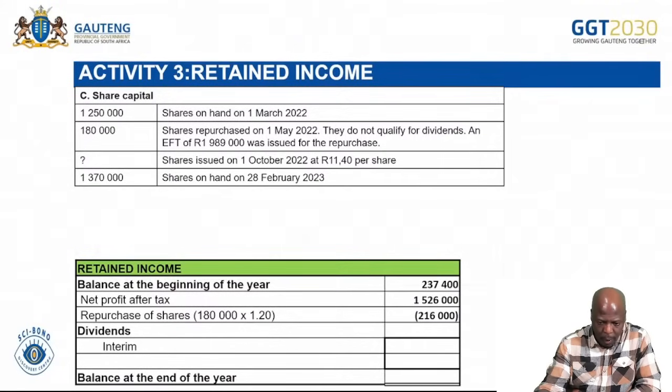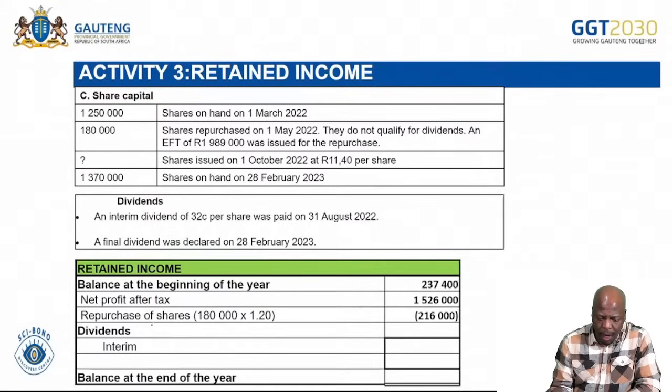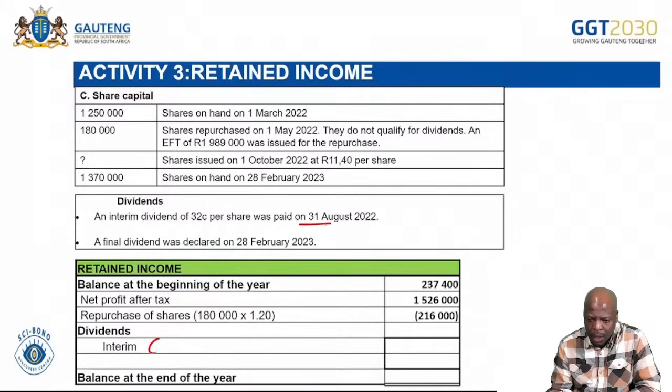Now we're going to calculate our interim dividends. We are told that interim dividends are given on the 31st of August. But the shares repurchased, remember, do not qualify for dividends anymore. So it would be 1,250,000 minus the 180,000.